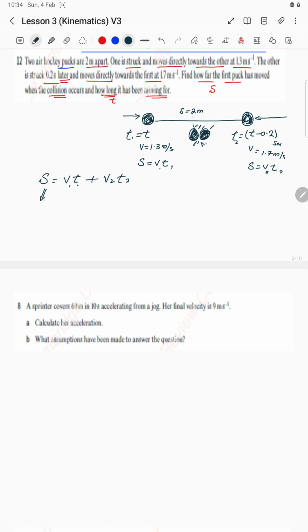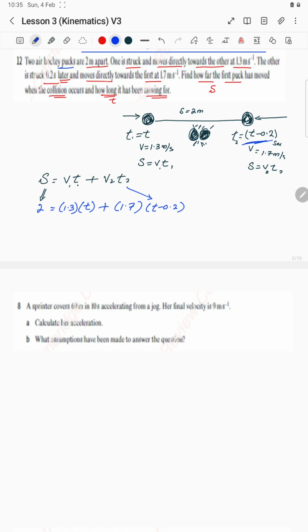It is given to be 2. Let me change the color. Okay, it is 2. V1 is 1.3, and the time we know is t. V2 is 1.7, and the time here is t minus 0.2 seconds later. Okay, fine.